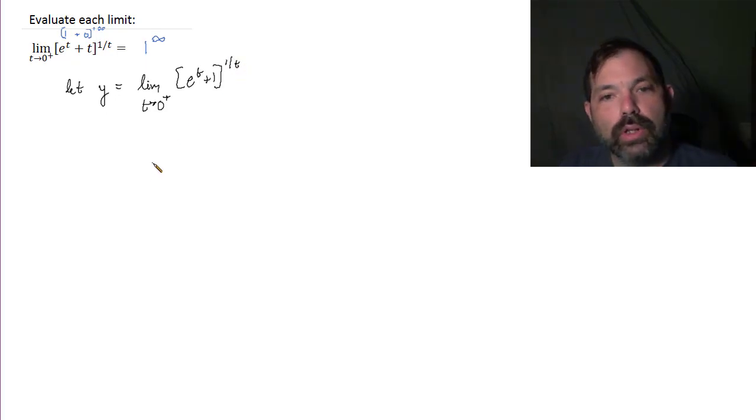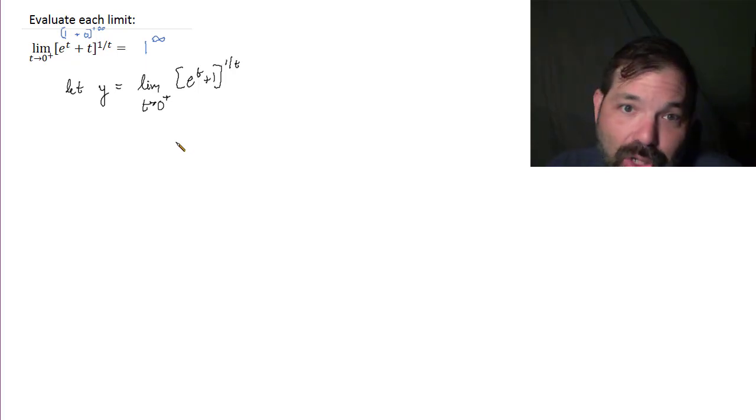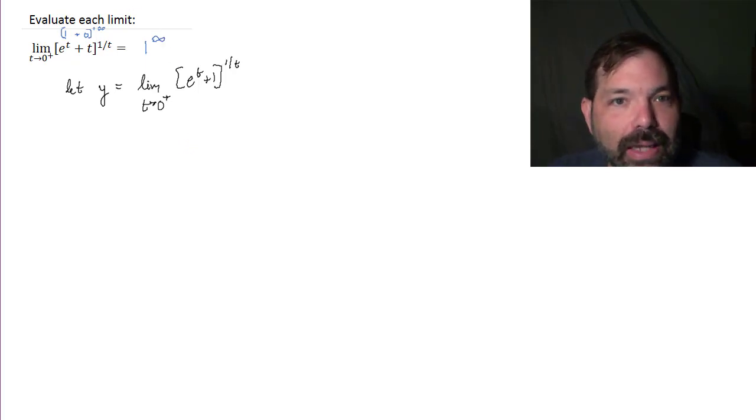And what I'm going to do is a trick we've seen before. I've got to do something with this exponent. This exponent's causing issues. So I'm going to algebraically manipulate this to get rid of an exponent. And to do that, I will apply the natural log to both sides of this equation.